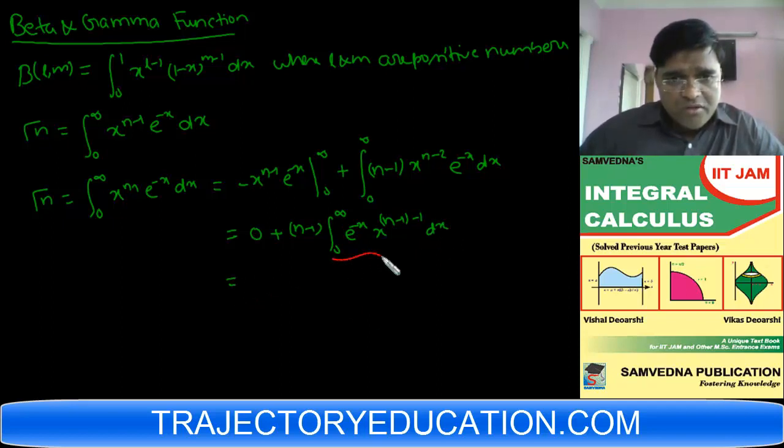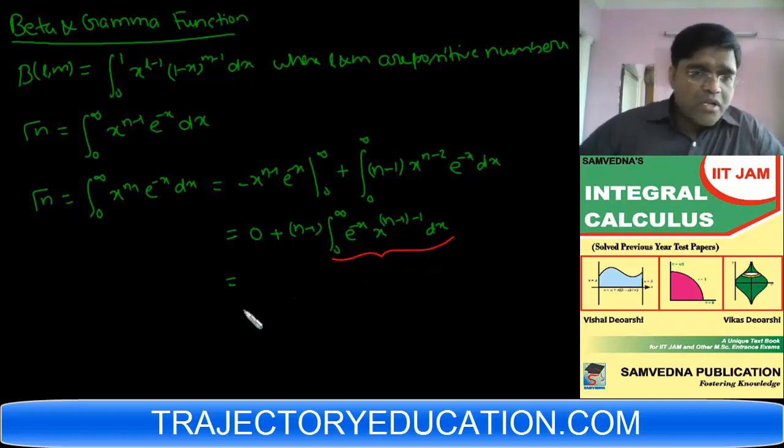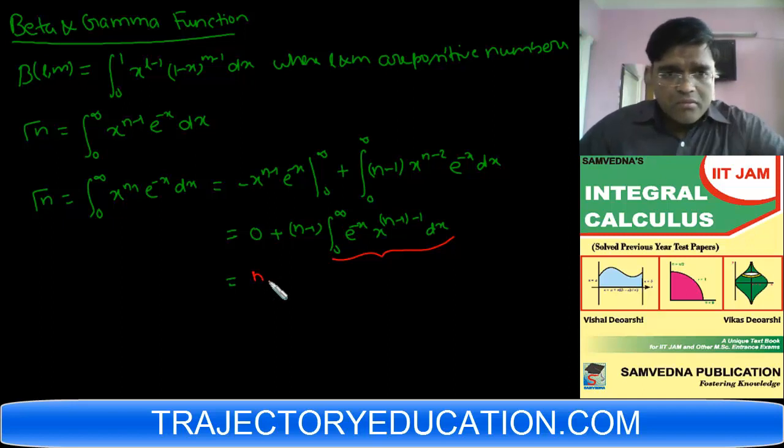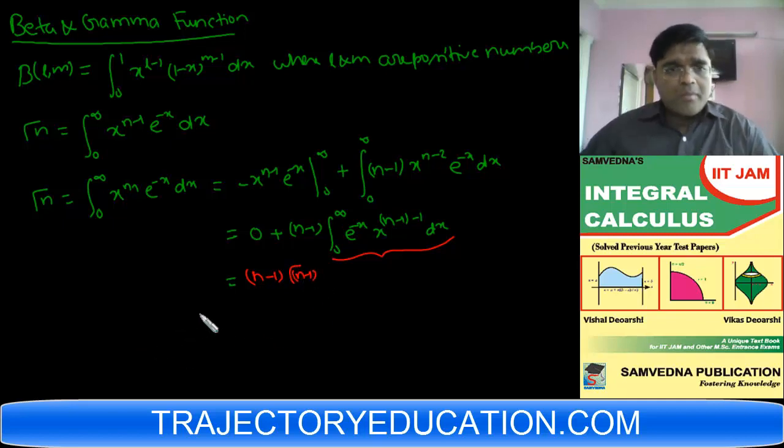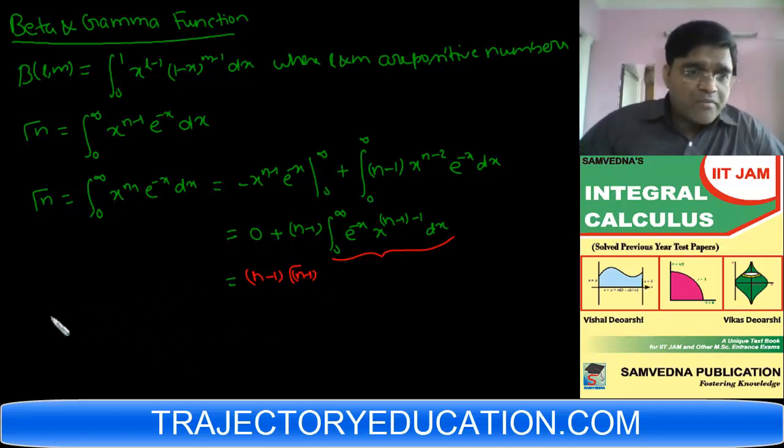This becomes equal to gamma(n-1). So we have the property gamma(n) equals (n-1) gamma(n-1), which can also be written as (n-1)(n-2) gamma(n-2), and so on.